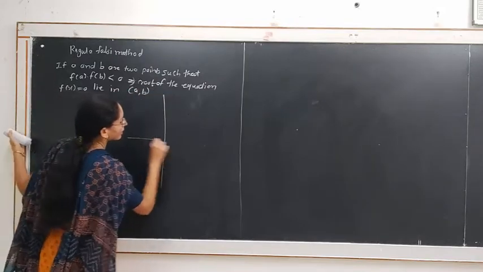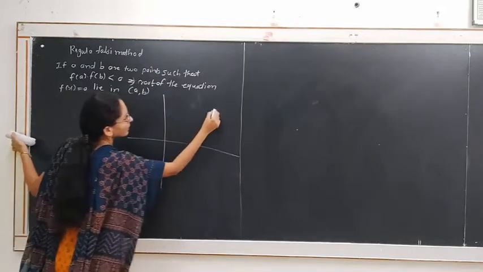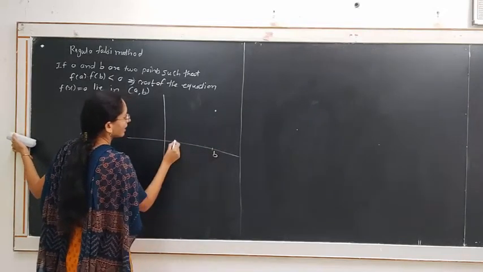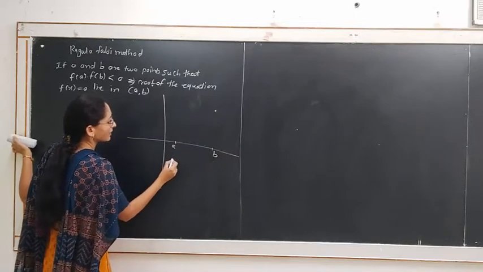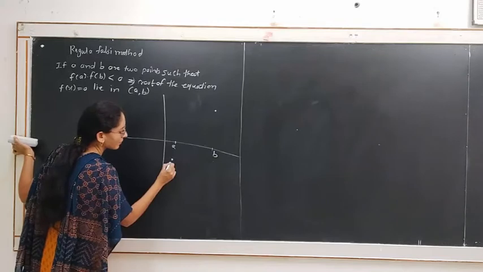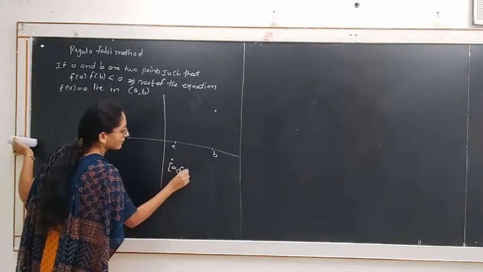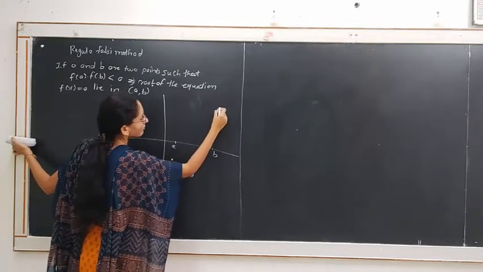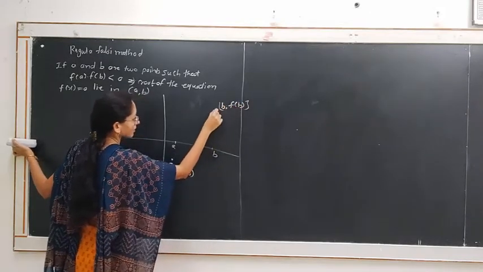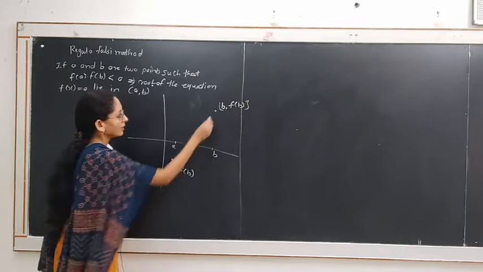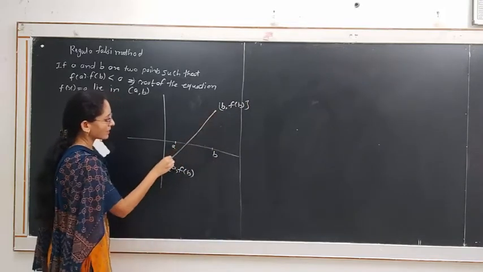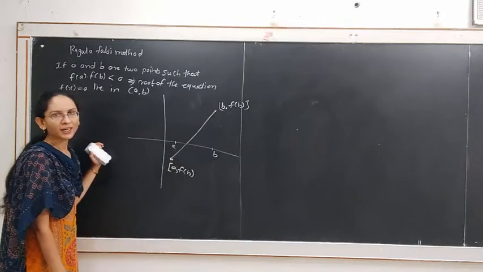In the regula falsi method, we consider this point as a and this as b. If these are the points on the graph of the function f(x), namely (a, f(a)) and (b, f(b)), the line joining these two points is called the interpolating line.